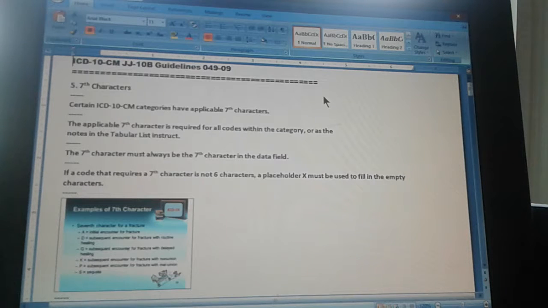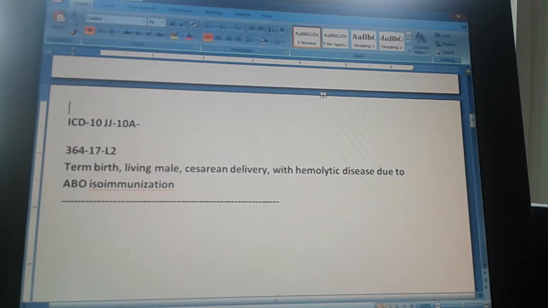Now we're going to do a little exercise. Ready, set, go. ICD-10-CM, page 364, exercise 17, a level 2 exercise. It reads: term birth, living male, cesarean delivery, with hemolytic disease due to ABO isoimmunization.